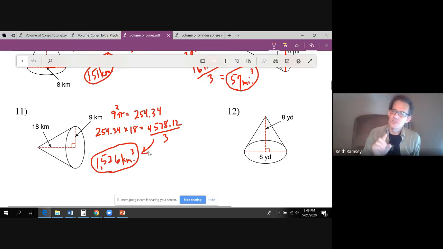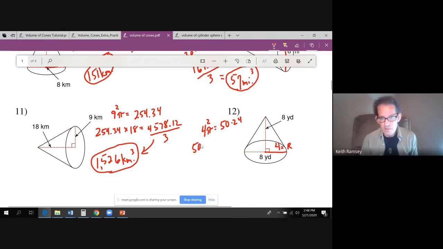Okay, number 12, they're giving you the diameters, so you want half of that for the radius. So half of 8 gives you a radius of 4, okay? So I want pi r squared for the area of the base. So 4 squared times pi. 4 times 4 is 16, times 3.14 is 50.24. Step 2 is multiply the area of the base times the height.